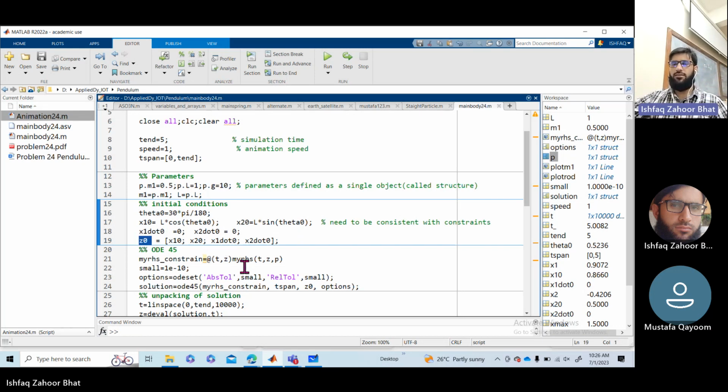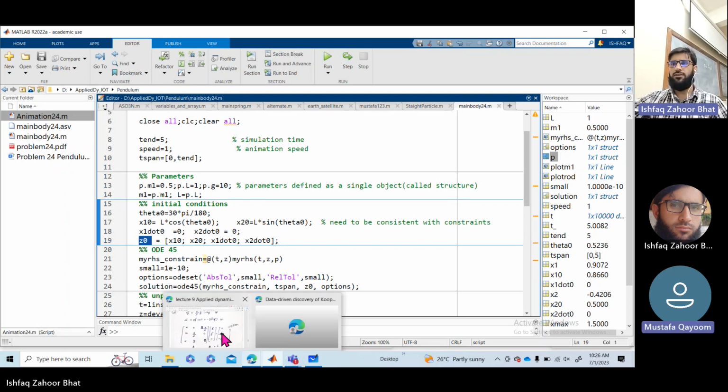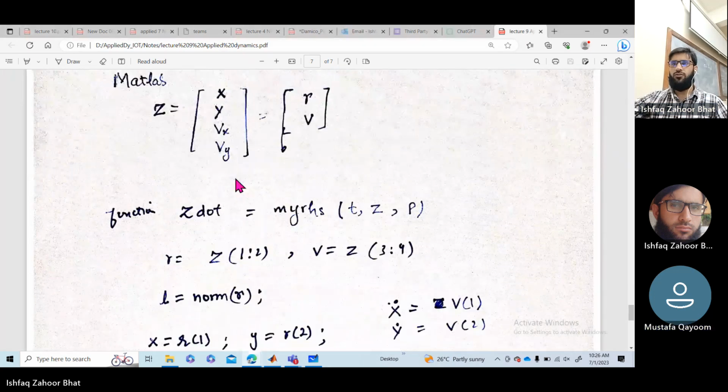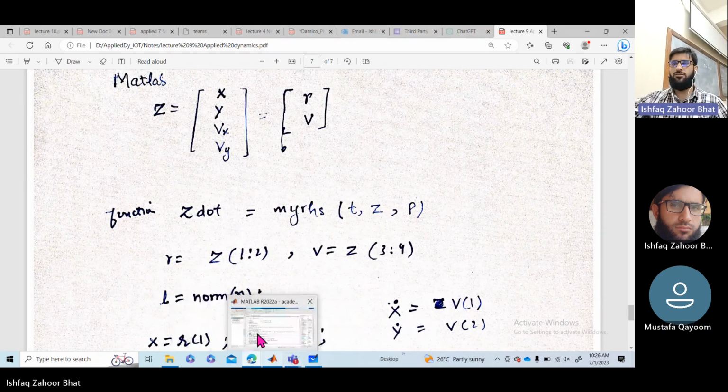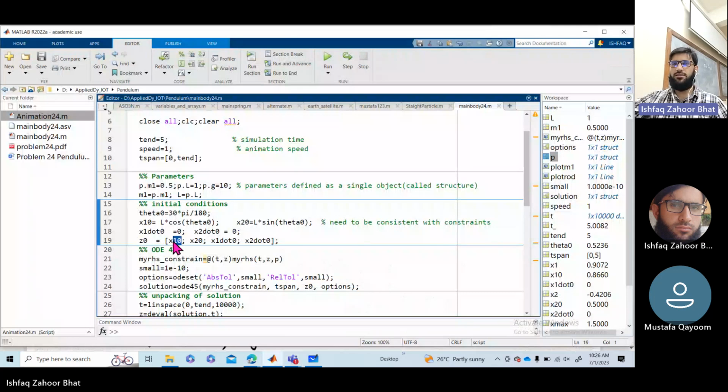So our vector, how many components does it have? Four: x, y, vx, and vy. So that is why this is x1, that is x, x2, that is y, and vx, that is x1 dot, and vy. So these are the initial values.